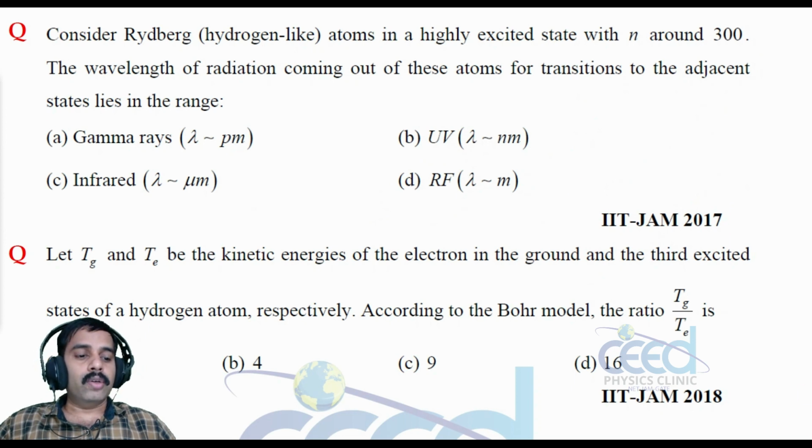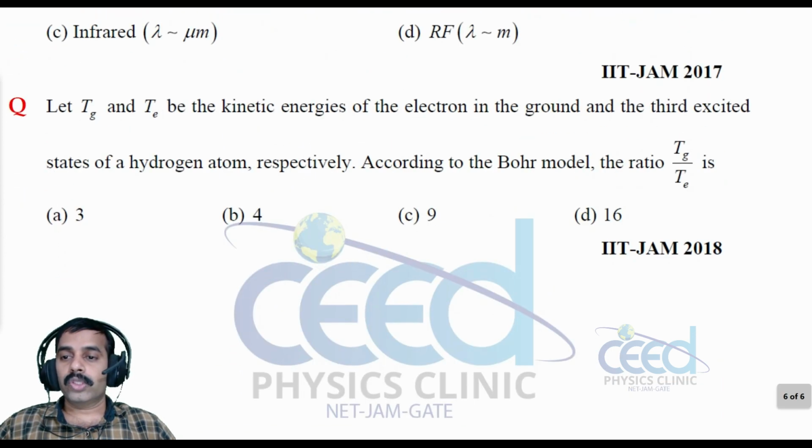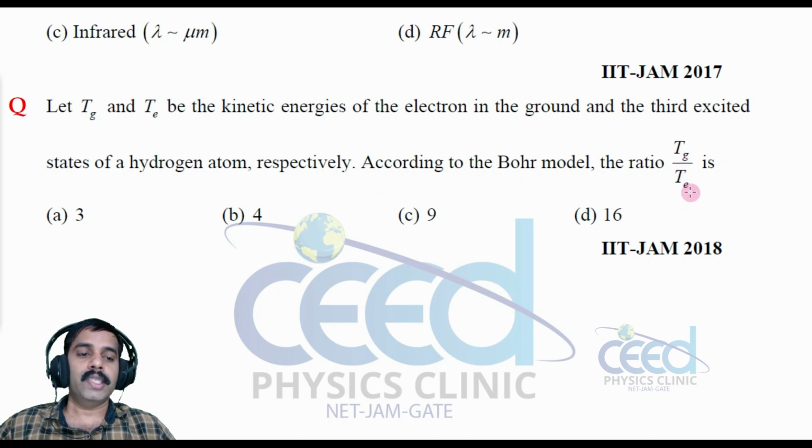Now another question, which is the last question. Let Tg and Te be the kinetic energies of the electron in the ground and third excited states of the hydrogen atom respectively. According to the Bohr model, the ratio Tg by Te is. So Tg and Te are the kinetic energies of the electron in the ground and third excited state.